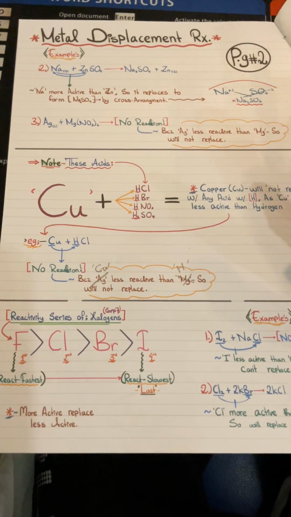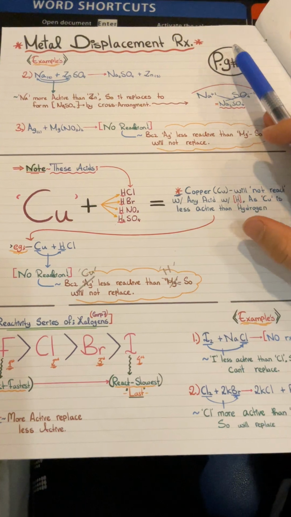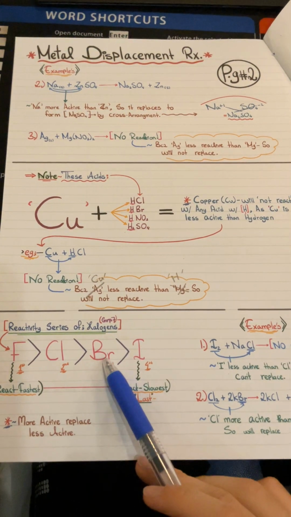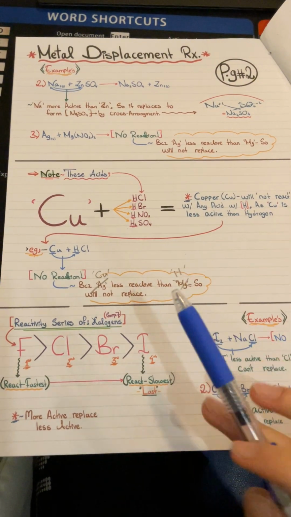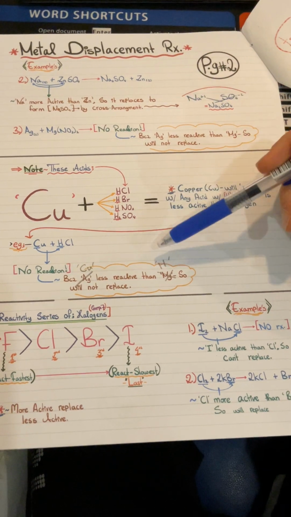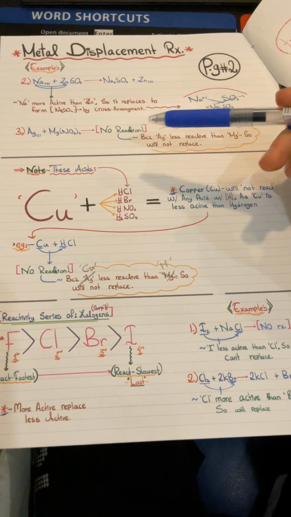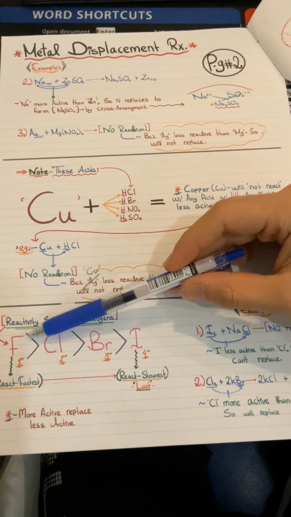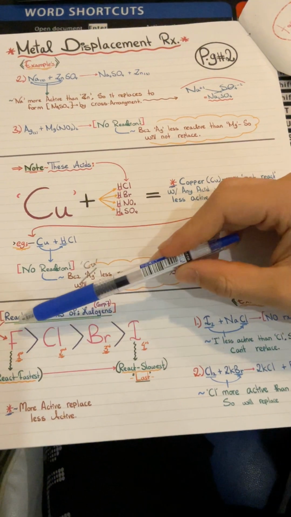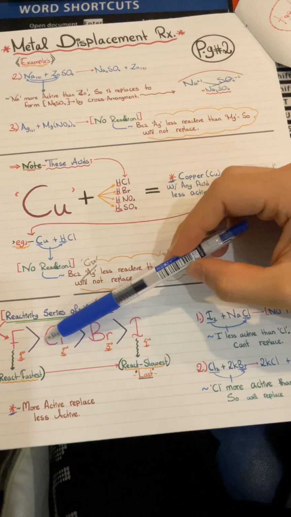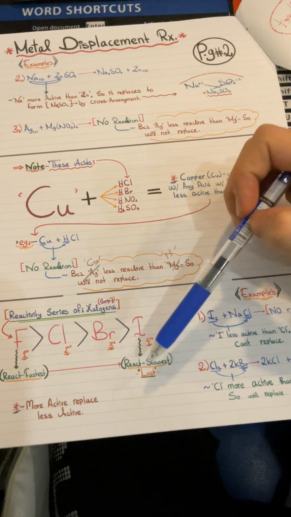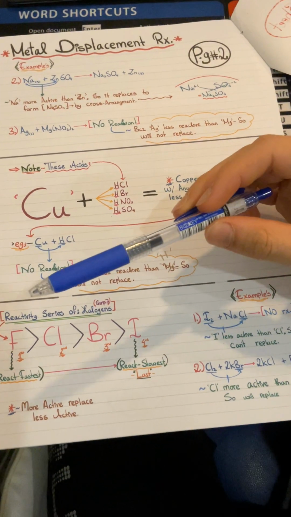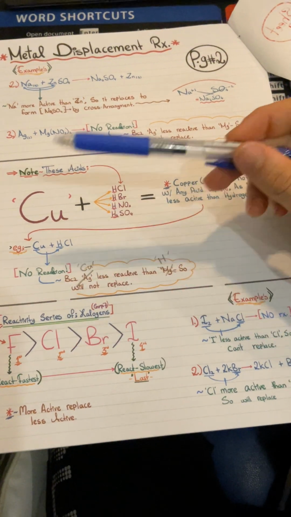Likewise, according to the rules of metal displacement reactions, the reactivity series of halogens follows the same rules, going from up to down in group 7 of the periodic table. Fluorine, chlorine, bromine, iodine. Fluorine will react the fastest, then chlorine, then bromine, then iodine will react the slowest, okay? So same thing, a more active halogen will replace a less active halogen.